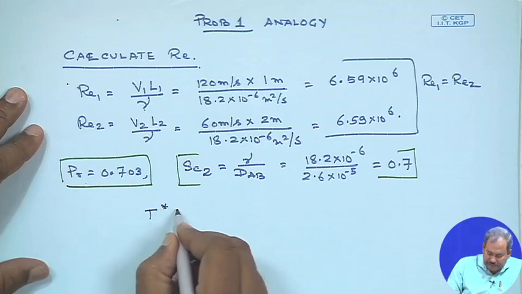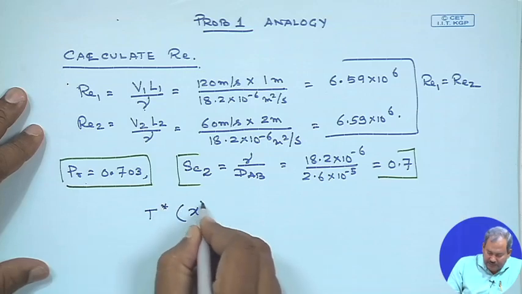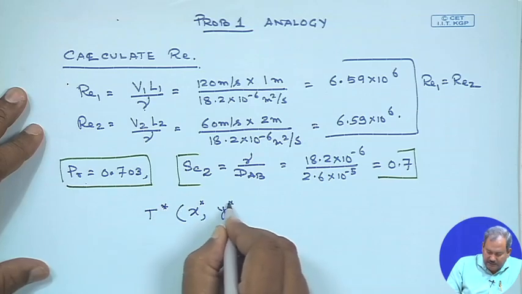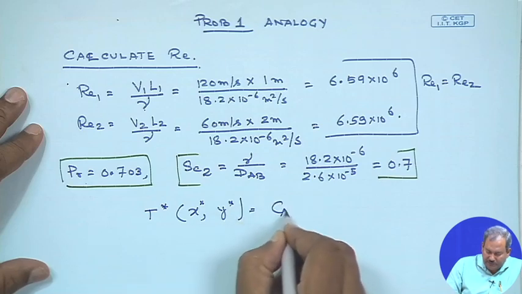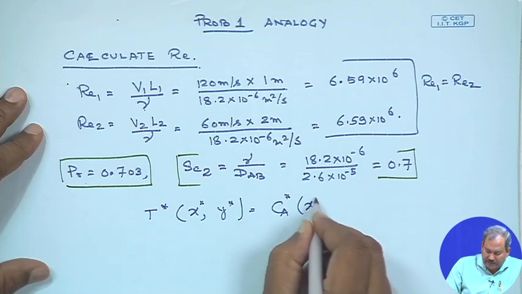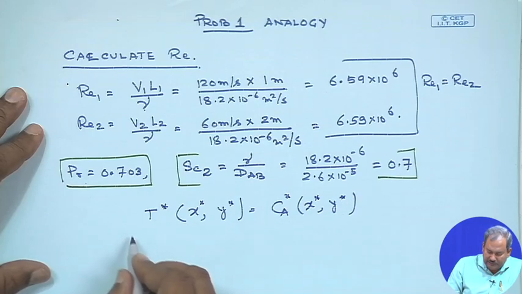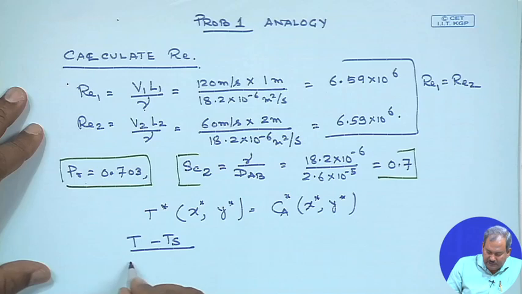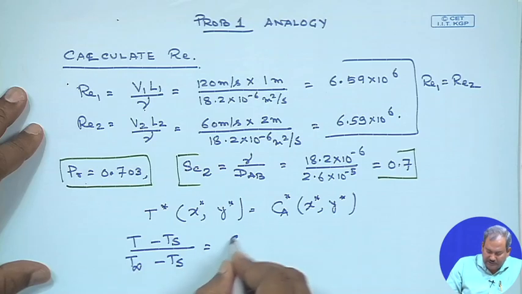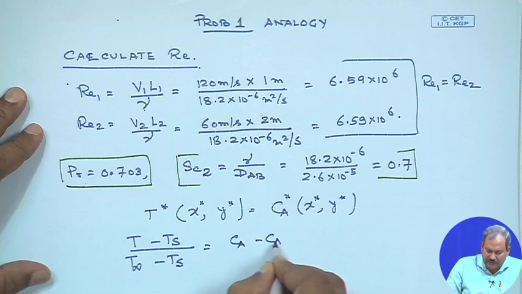So, therefore, T star, the dimensionless temperature at given locations, must be equal to C A star at X star, Y star. And how we define T star is T minus Ts, the surface temperature, by T at infinite distance minus Ts, is equal to C A minus C A s by C A infinity minus C A s.